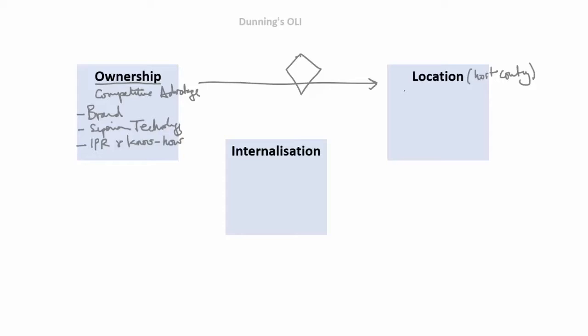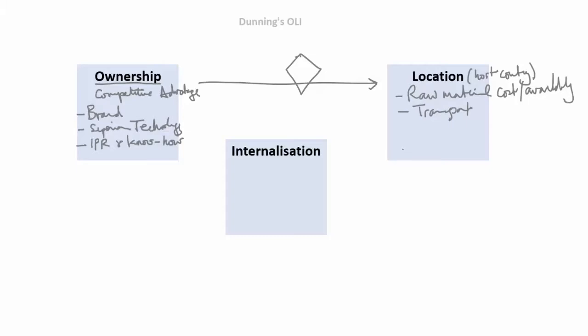The obvious things are raw materials, and the cost of those. Cost and probably availability as well can sometimes be important. We have transport costs. We also have other infrastructure factors.